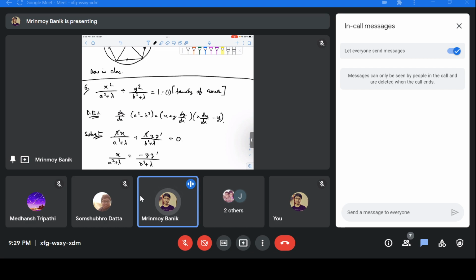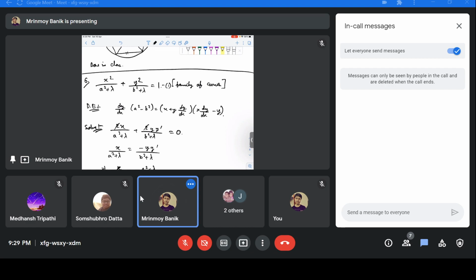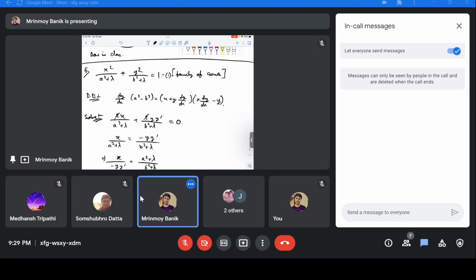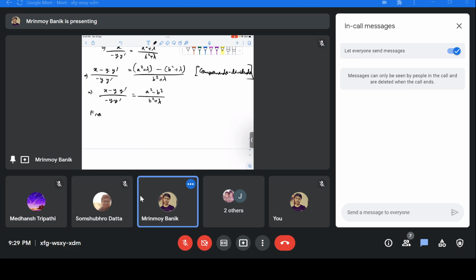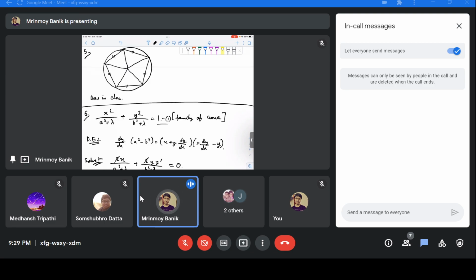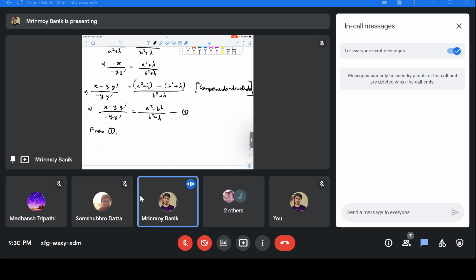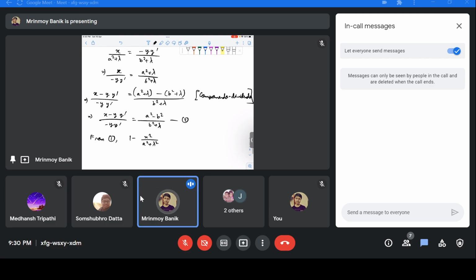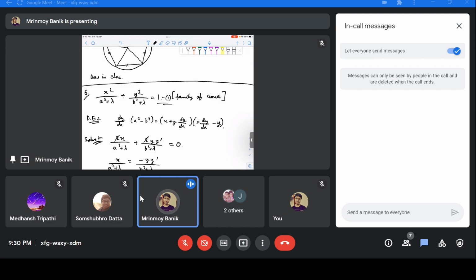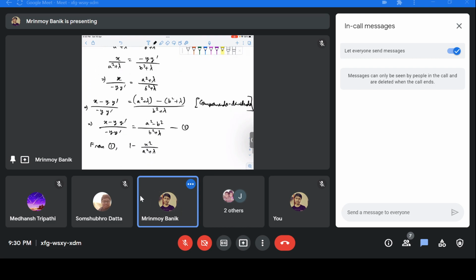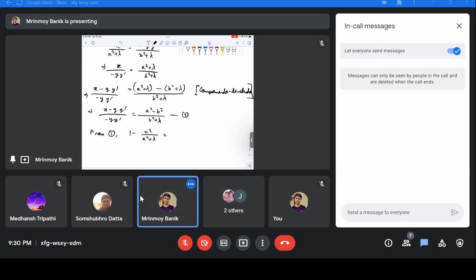Okay, we can use the original equation once more. So this is 1, and call this 2. We have 1 minus x squared by a squared plus lambda equals y squared by b squared plus lambda.